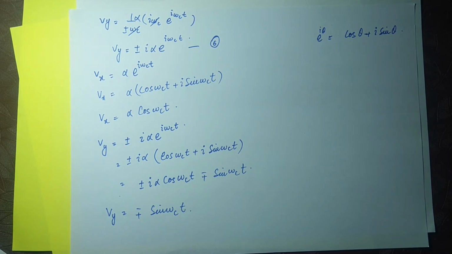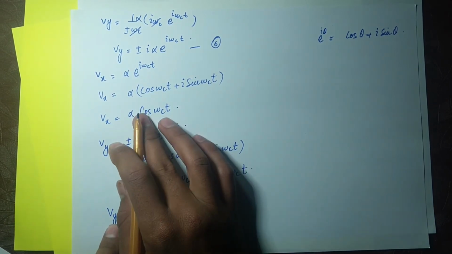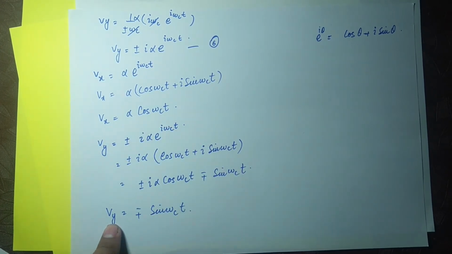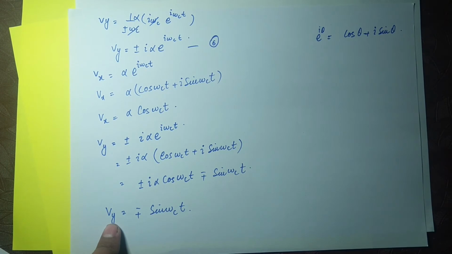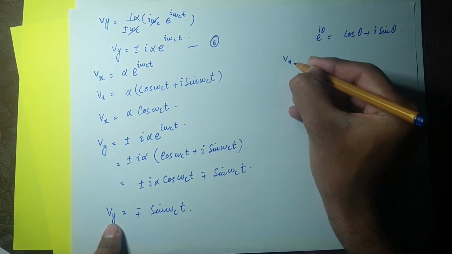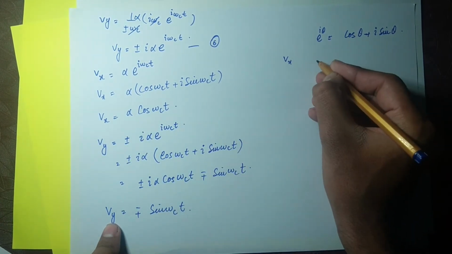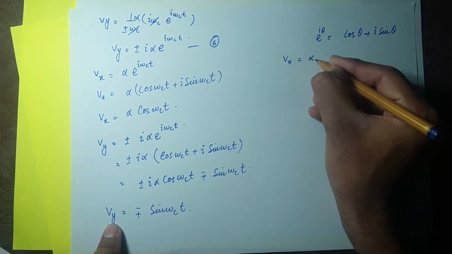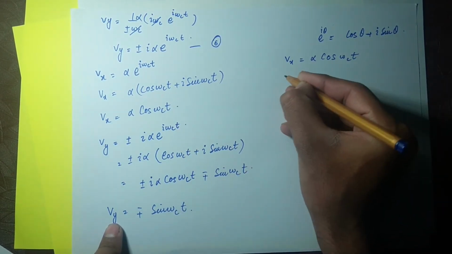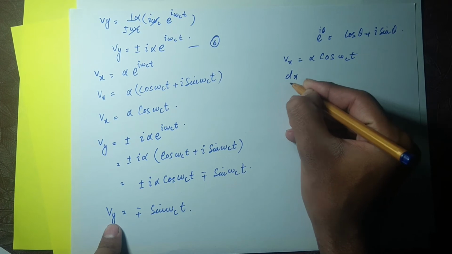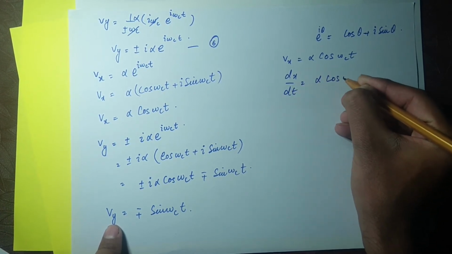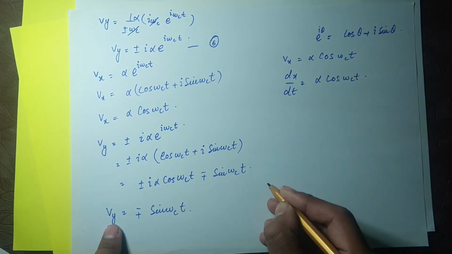So let's calculate the value of alpha. Let's have a look: v of x equals alpha cos omega c t from this equation. This is equal to dx by dt equals alpha cos omega c t.